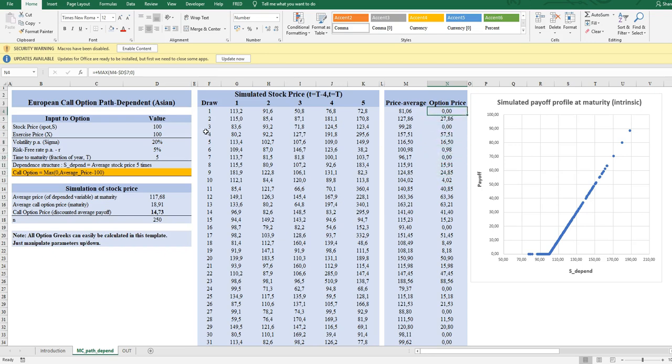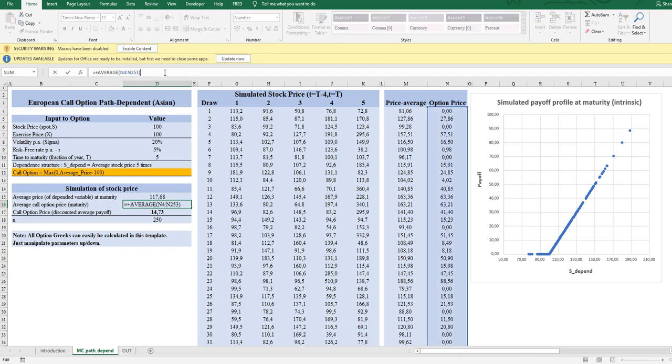So here's the corresponding option price, this price minus X, and see if that is lower than 0. So there's one lower bound there in the call option structure. So now I just take the average of the call option, so of column 9, N. So this is the expected value of the call option at maturity, from which I need to take the value today.